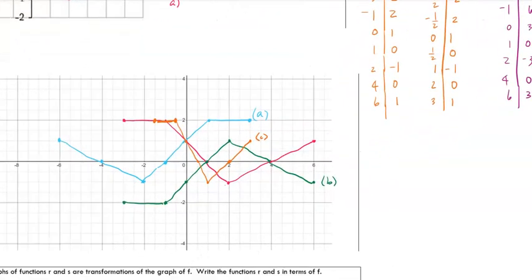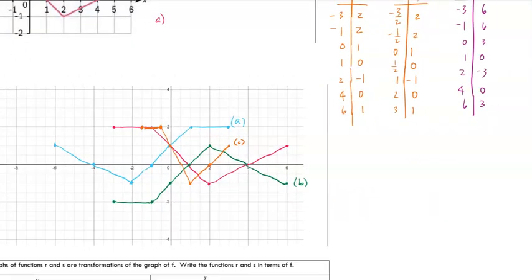So -3, 6. Oh, that's off the charts. -3, 6. That's 5, 6. -3 and 6.